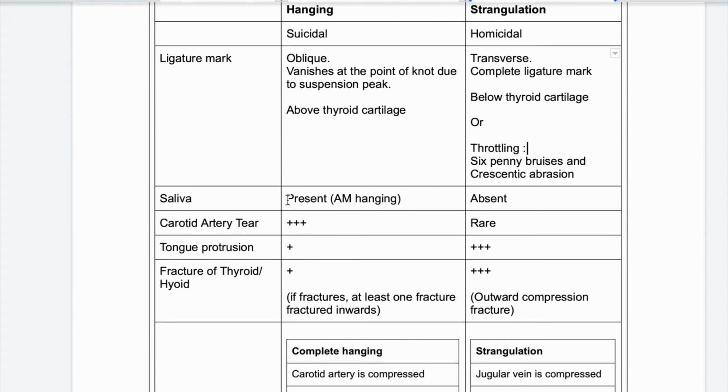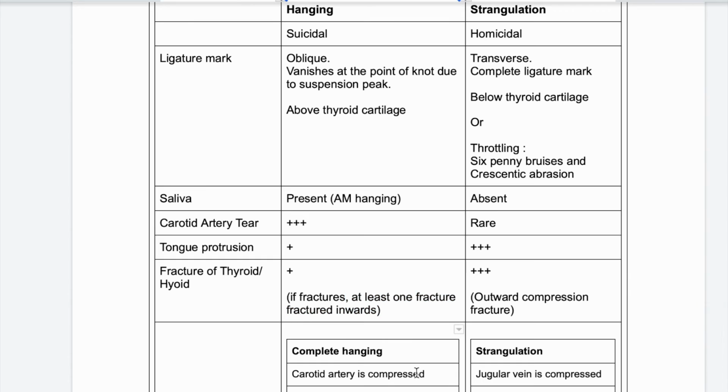We have saliva dripping out of the mouth in antemortem hanging, while in strangulation the saliva is absent. Carotid artery tears are quite common in hanging, while tongue protrusion and fractures are more common in strangulation, which are outward compression fractures, while in hanging there is at least one component which is fractured inwards.